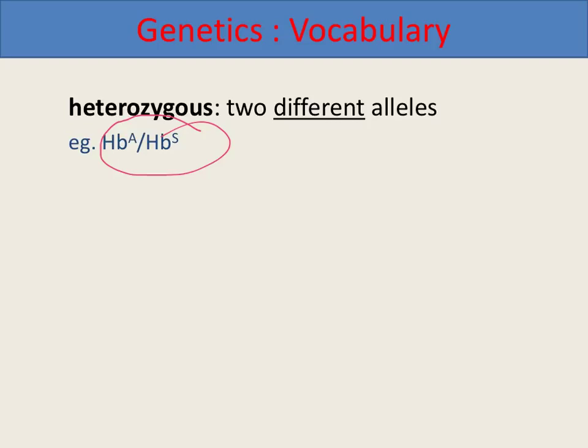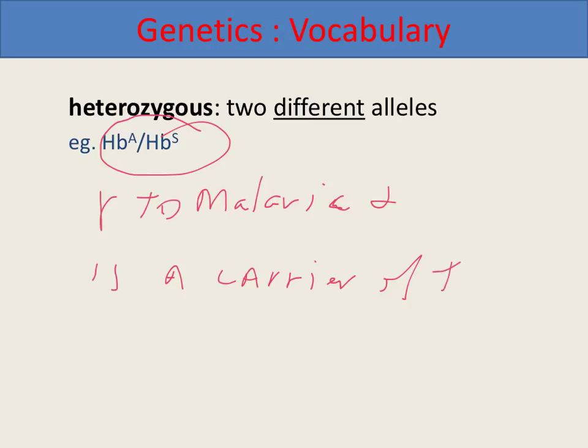This individual is resistant to malaria, and is a carrier of the HbS allele and can pass it on to their offspring. There's a 50% chance of passing it on to their offspring.